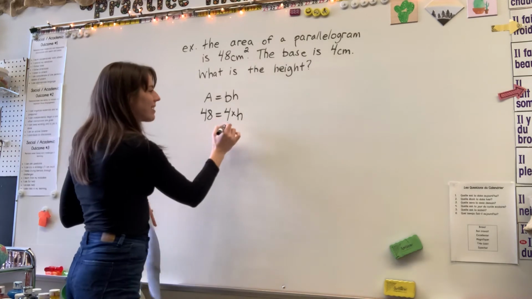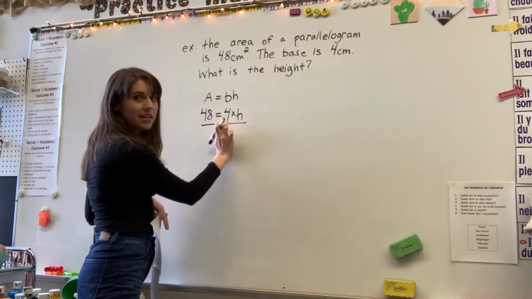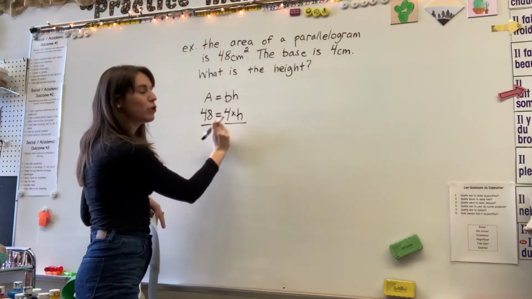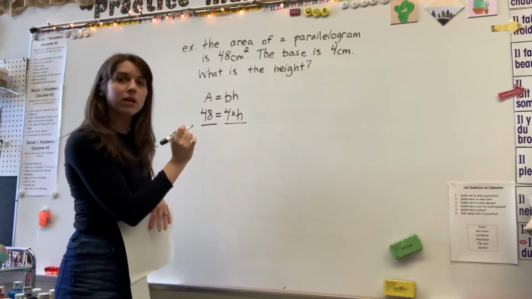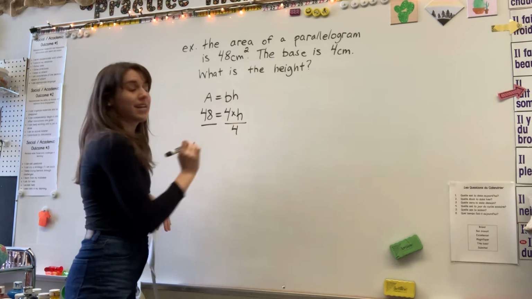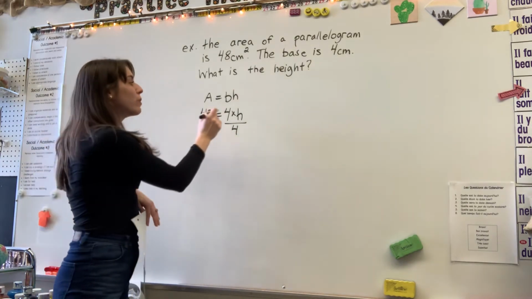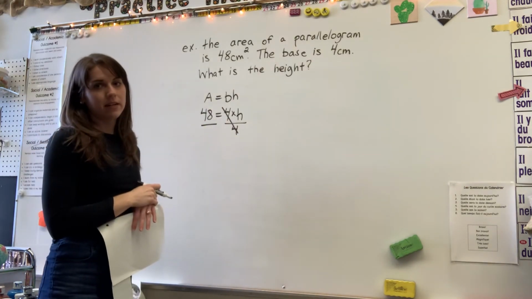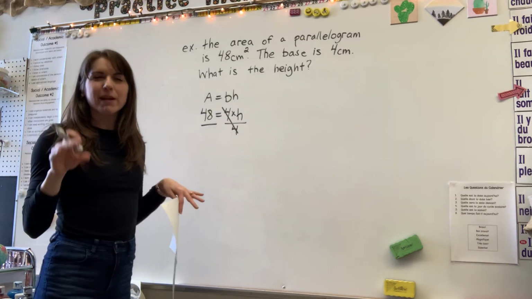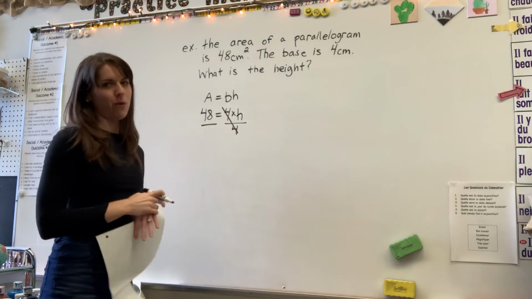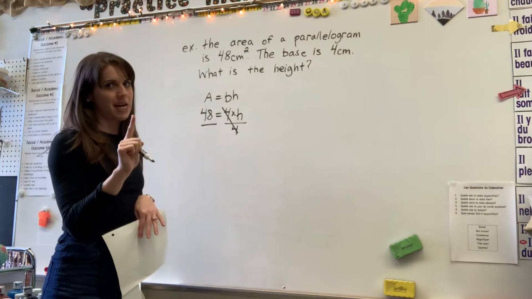That's right. You divide by the 4 because you do the opposite. Right now, H is being multiplied by a 4, so you need to divide by the 4 to eliminate it. Okay? So again, it's not like the 4 just magically disappeared, but how many times does 4 go into 4? 1 time, right?